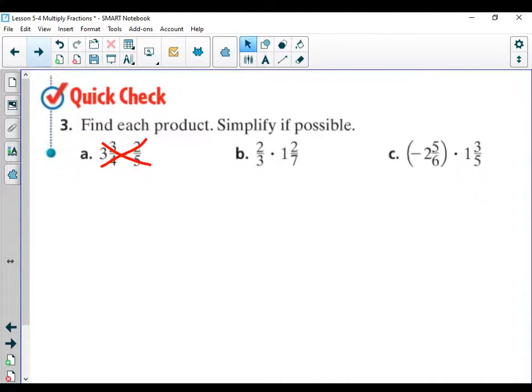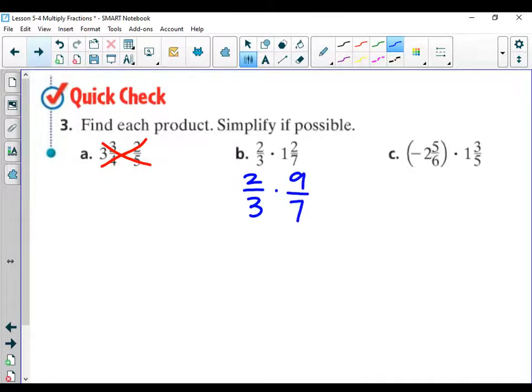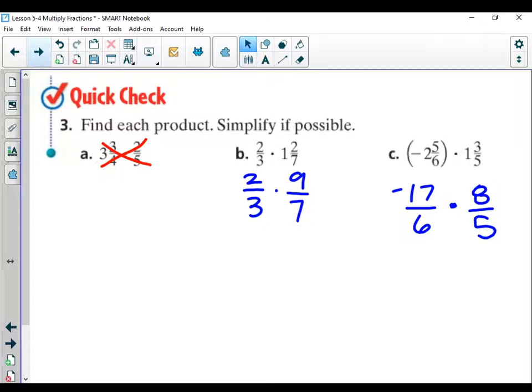Last two, go ahead and pause and solve. Must make it improper before you do anything else. You must make it improper. Then, if you want to simplify, you can.